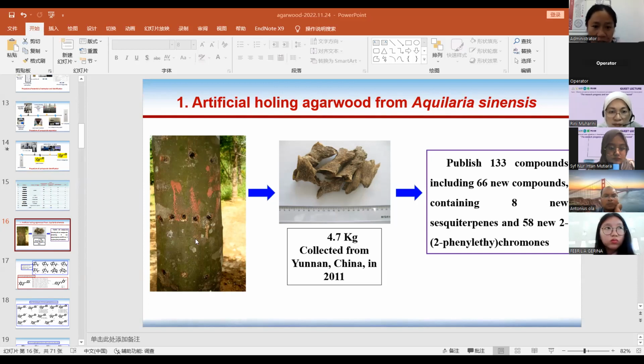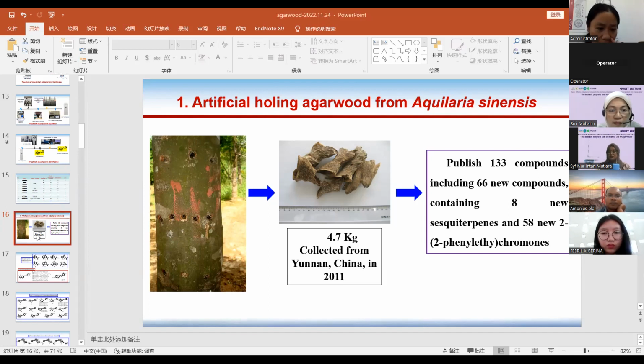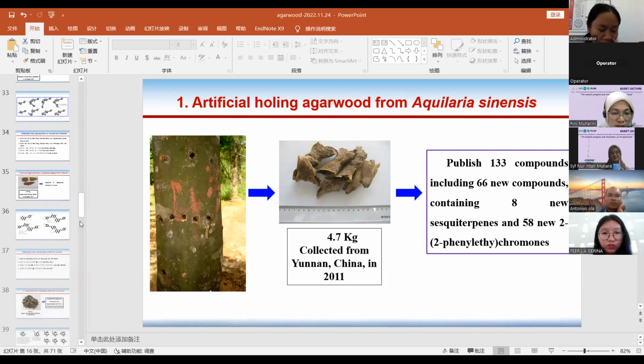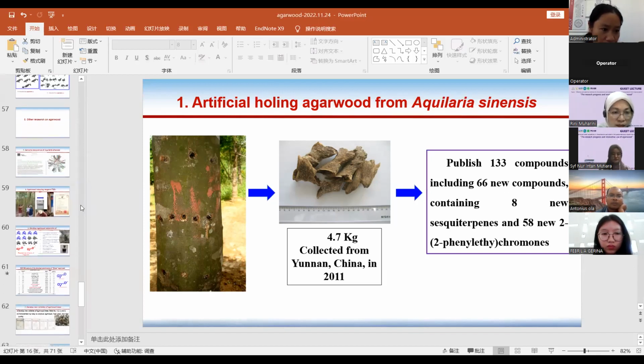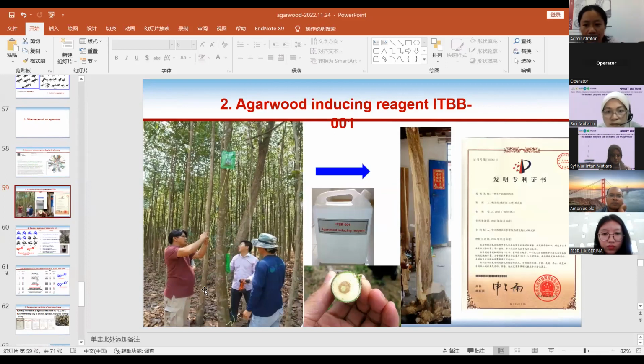In this case, the tree will produce the agarwood. So this is one way. Another way I also showed here uses a liquid reagent. This is the agarwood inducing reagent.